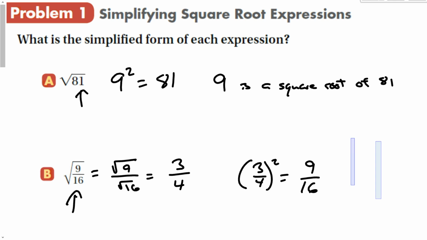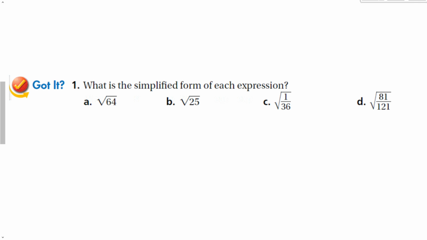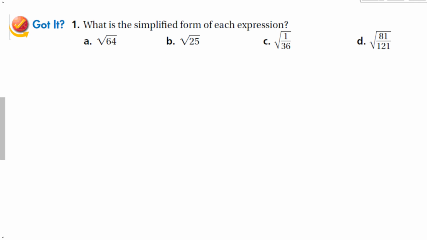Let's try a few more problems with our got it problems. Same thing: we're going to take the square root of 64. We have to figure out what times what gives me 64, which is 8. What times what gives me 25? That's 5. For 1 over 36, think about them again as a top and a bottom.